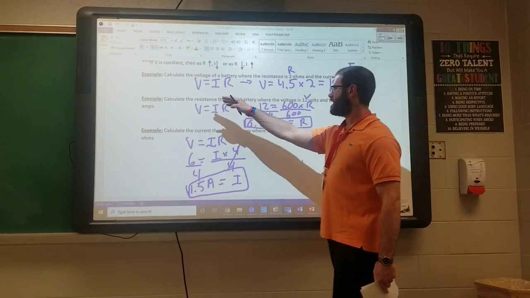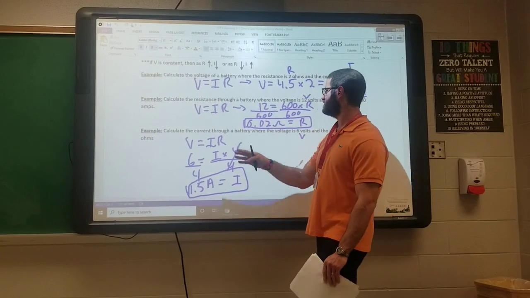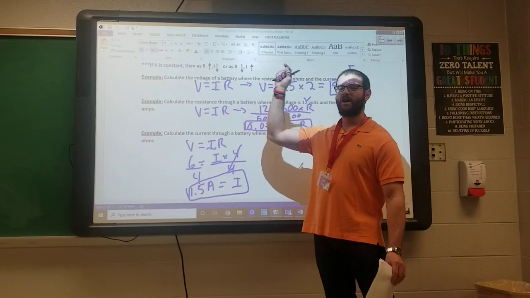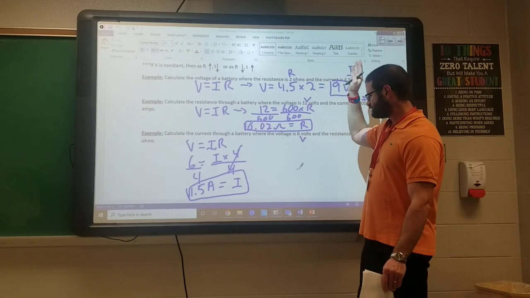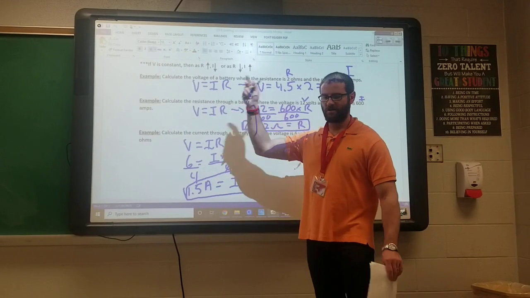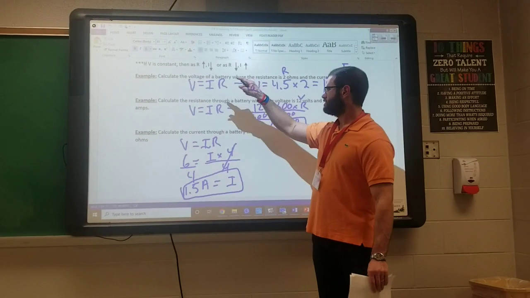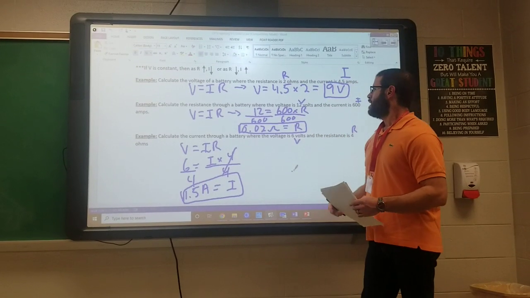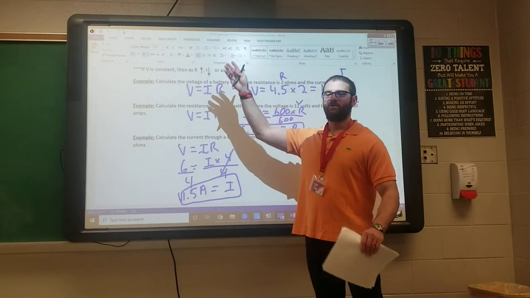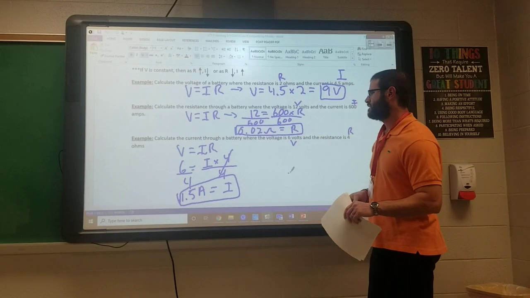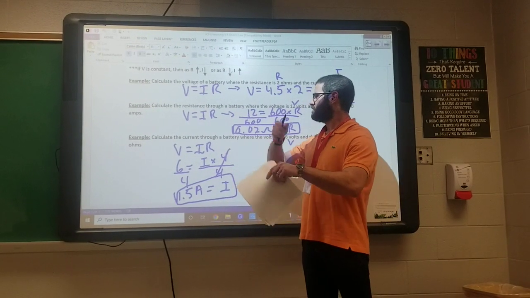All right, as long as we go back to voltage equals current times resistance, and figure out what we're trying to find and what we're given, we can always use this formula to calculate either voltage, current, or resistance, if we're given the other two. And just remember things about the relationship.